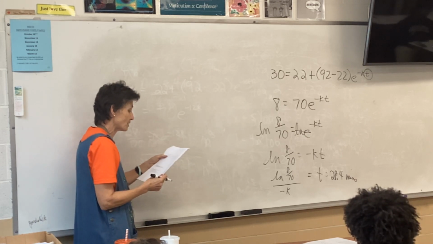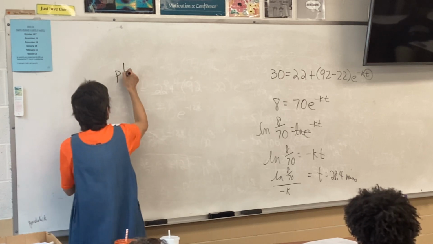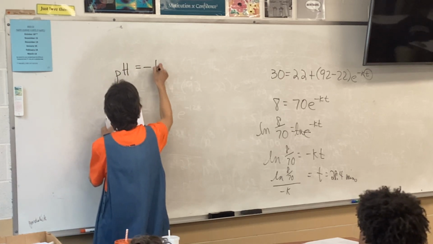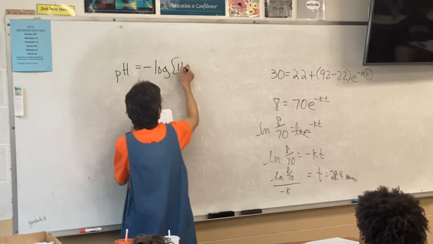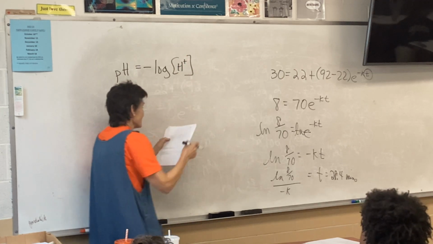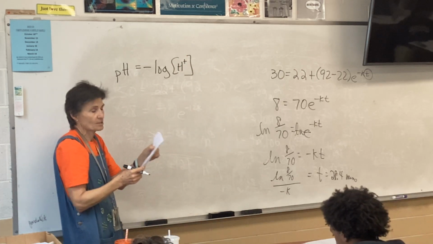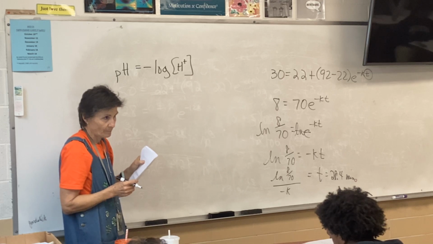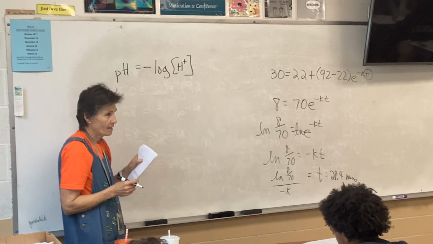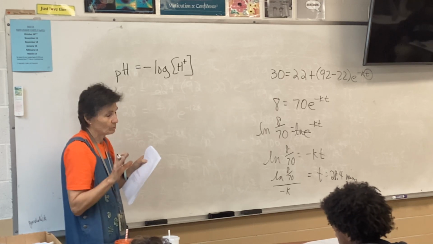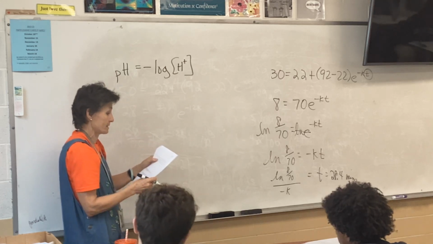It says pH is negative log of the hydrogen ion concentration of the solution. Okay, I hate the chemistry. I'm reading what I'm writing, I have no clue what's going on, I'm just writing down what it says.